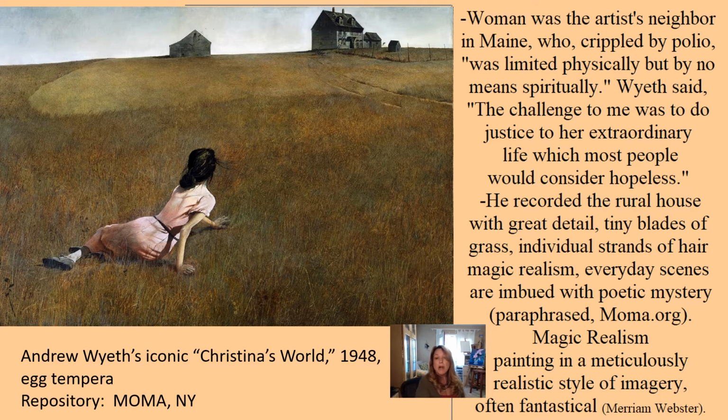The repository, the place where you can see the original, is the Museum of Modern Art in New York. This was done in Maine. A lot of his works display something that we call regionalism. His work reflects the area around him. It's very much prairies.